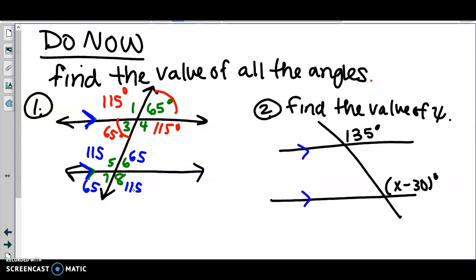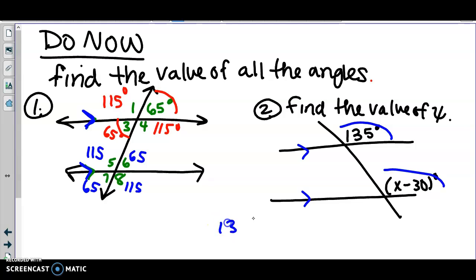All right, number 2, one step harder instead of just filling in all of them. What we are going to do for this one, we are going to find the value of x given that our two lines are parallel. So hit pause and find what x is. All right, these two angles are corresponding angles.